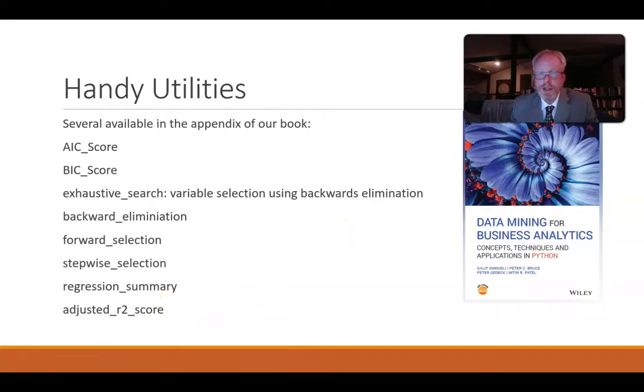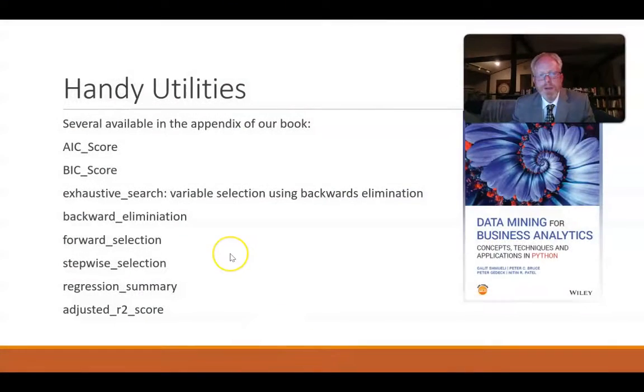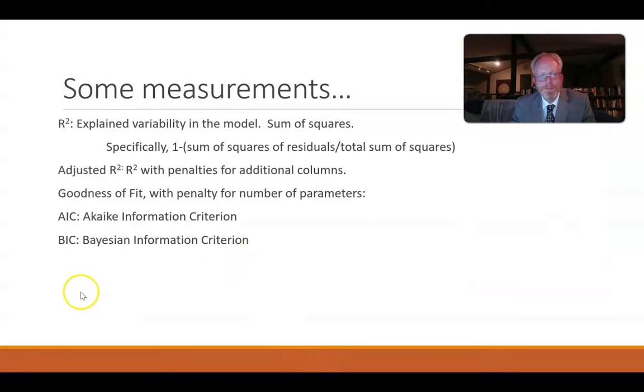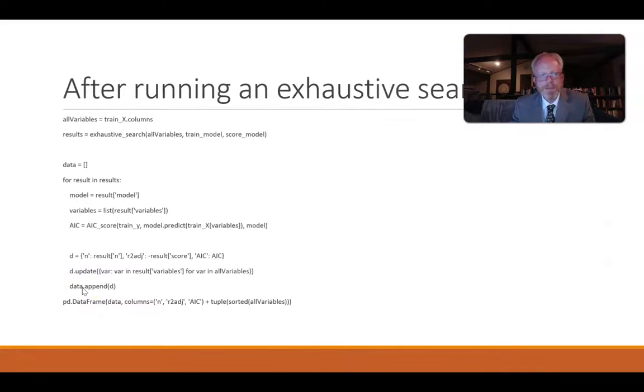R-squared is a measure of error from the predictions to the actuals, and the adjusted R-squared gives a penalty for the number of features that are used, and that encourages a good balance between getting accurate results and a reasonable number of features.